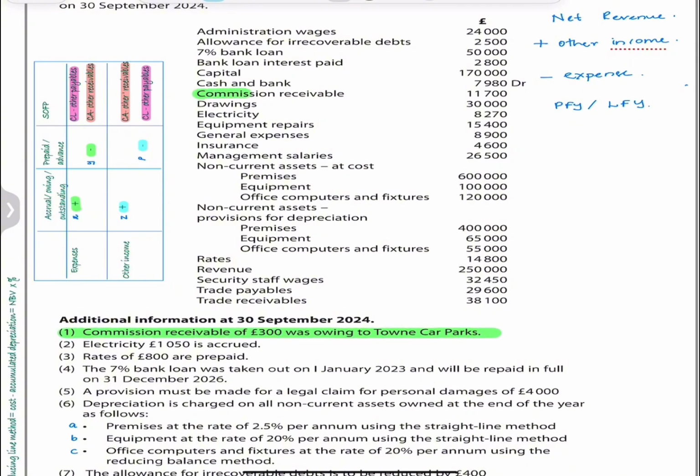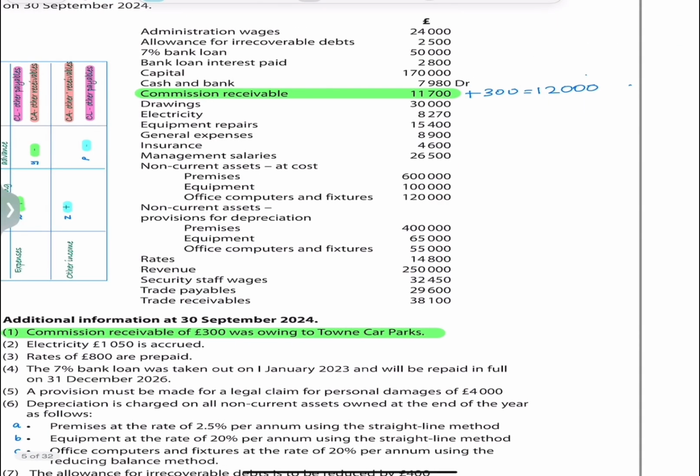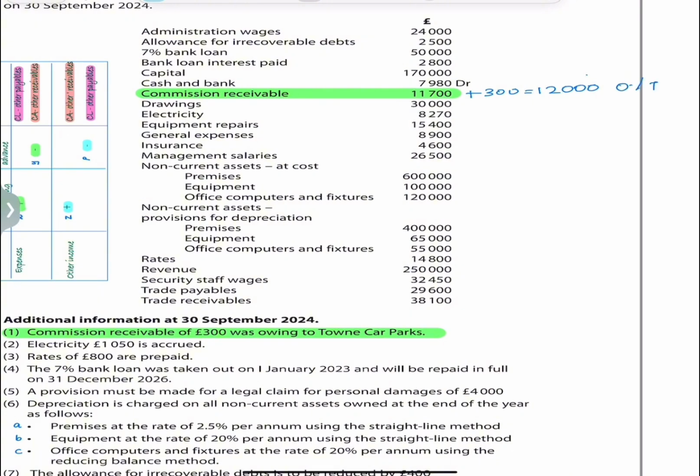You have commission receivable in the question 11,700. 300 owing means you add 300 to it, which should give 12,000. Now where do we write this 12,000? This 12,000 should be written under the section of other income in the income statement.